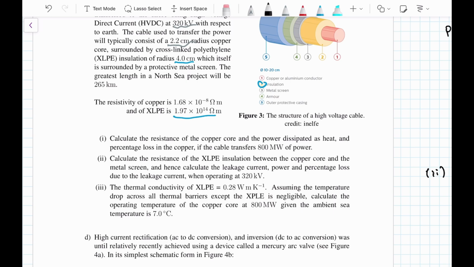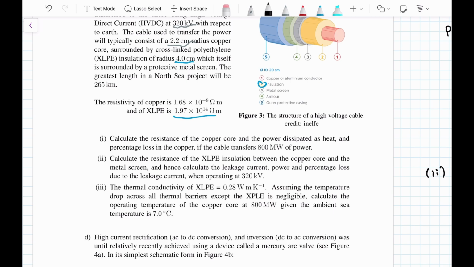Okay, so the temperature reaches an equilibrium when the heat generated is equal to the heat dissipated. Actually, the rate at which the heat is generated is equal to the rate at which the energy is dissipated.